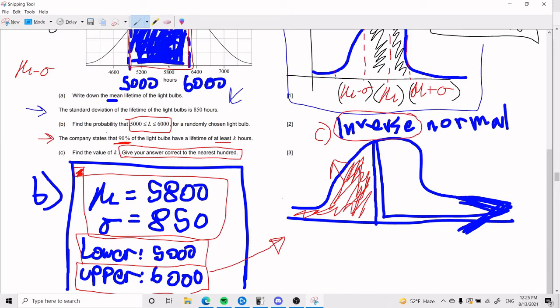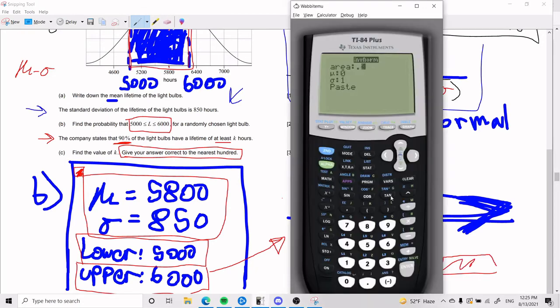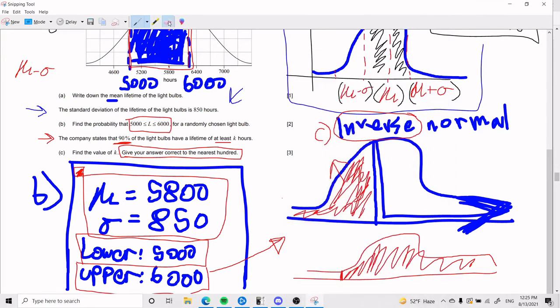If they tell us that 90% of the light bulbs have a lifetime of at least K hours, effectively, we need to find in our bell here the upper 90%. And so a very common mistake is that people here plug in 90%, but plugging in 90% here would actually be asking it for this black area here.